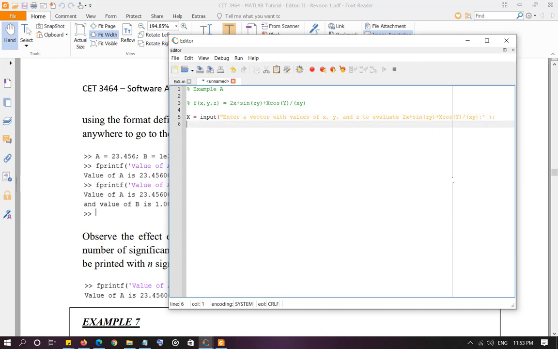Okay, so now the user is going to give us a vector, and that is going to come to x. So I'm going to go ahead and distribute it. x is equal to x of 1, y is equal to x of 2, and z is equal to x of 3.